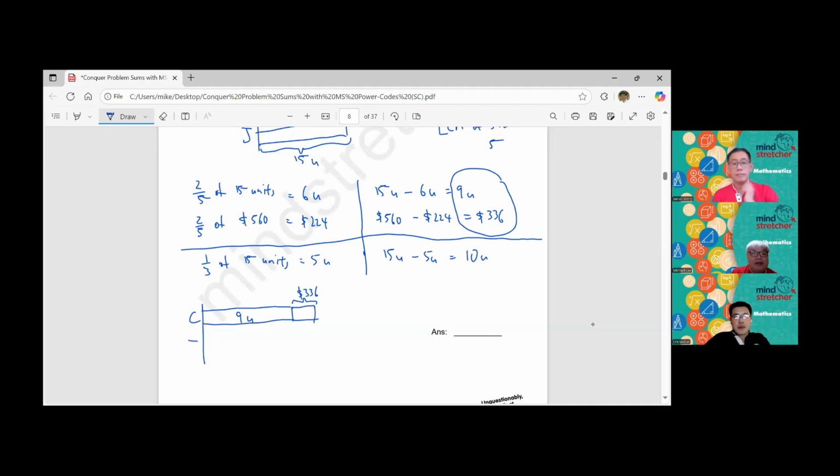And for Jessica, she'll be left with 10 units. That means this is 9 units, this is 1 unit here, and in total this one is 10 units. So far, any problem with the after model? Is there anything that you are not sure of?